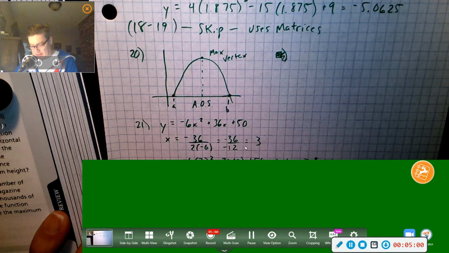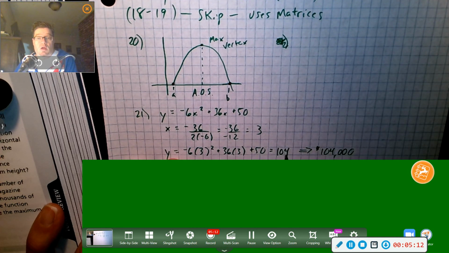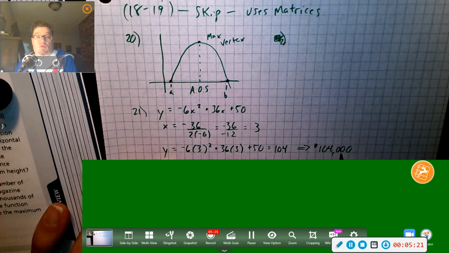X is the number of issues sold per month in thousands, and it's profit, so X is the month. It looks like it happens in the third month because of this formula. So I plug the third month in, and I get 104. But if you look carefully, it does say that this is in the thousands. So at month 3, this is the maximum profit.